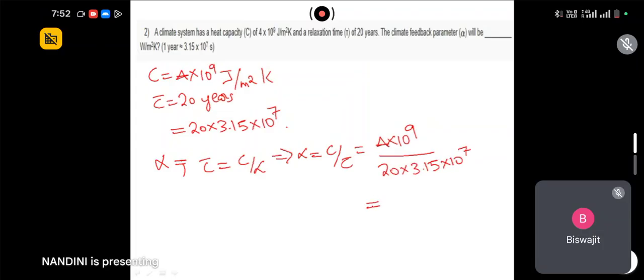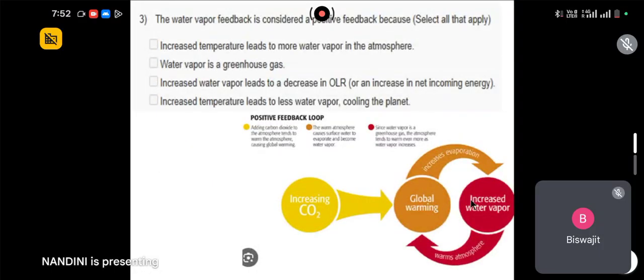How much will it be? It will be approximately 6.35 watt per meter square Kelvin. That is alpha.